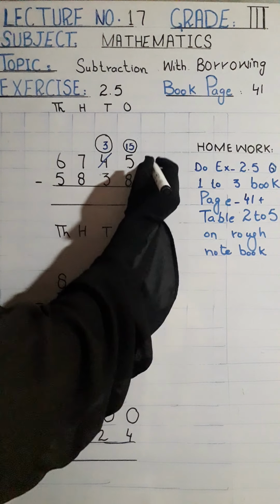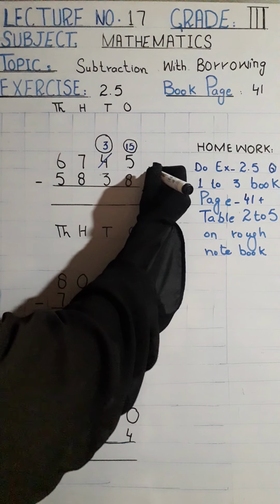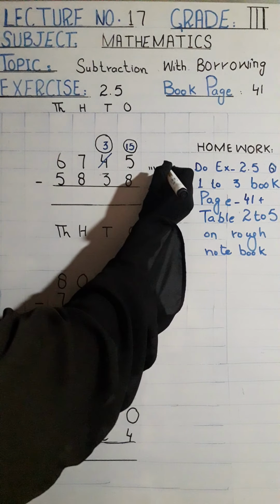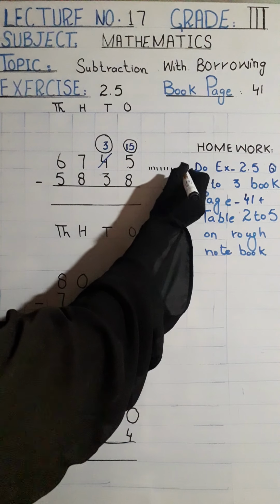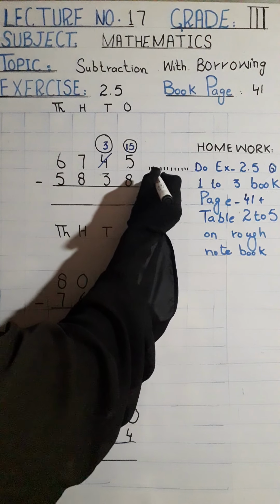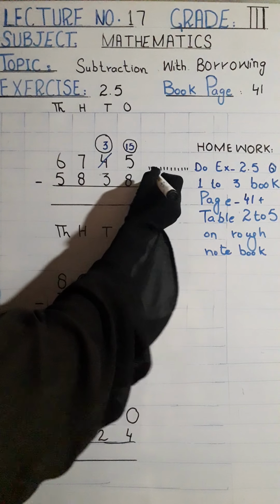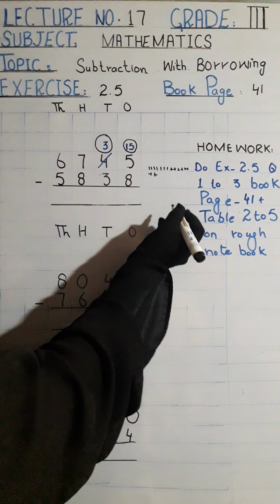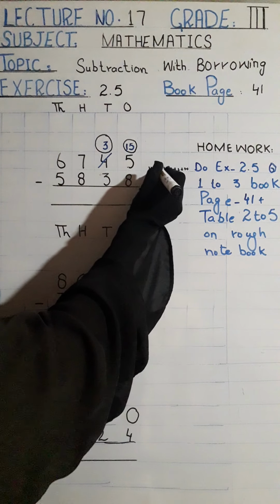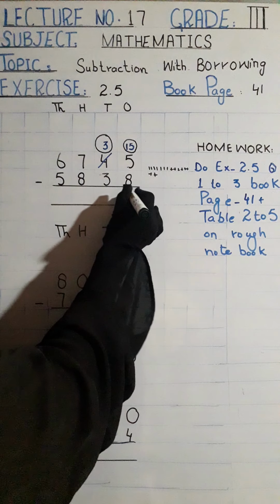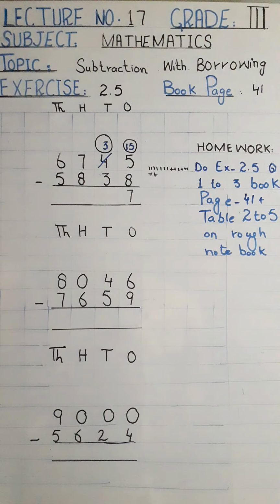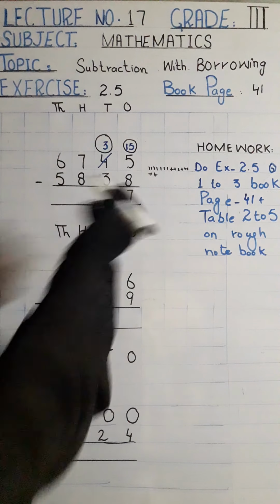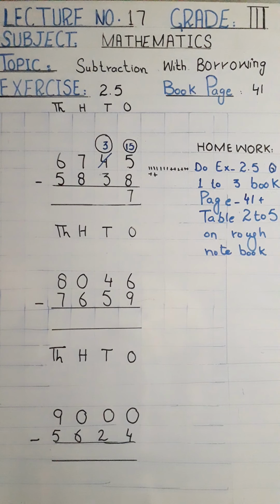So draw 15 lines: 1, 2, 3, 4, 5, 6, 7, 8, 9, 10, 11, 12, 13, 14, 15. We remove 8. How many are left? Count: 1, 2, 3, 4, 5, 6, 7. When we remove 8 ones from 15 ones, 7 ones remain. So 7 is the answer.